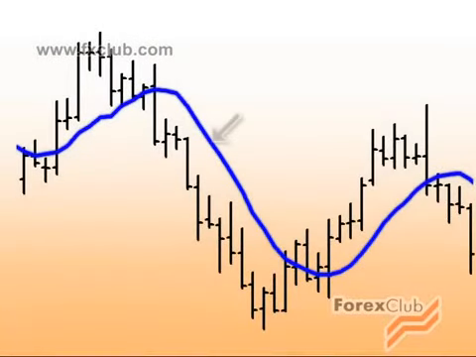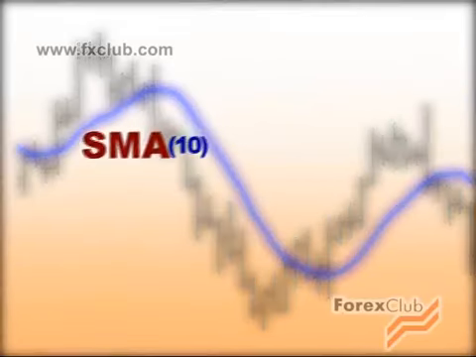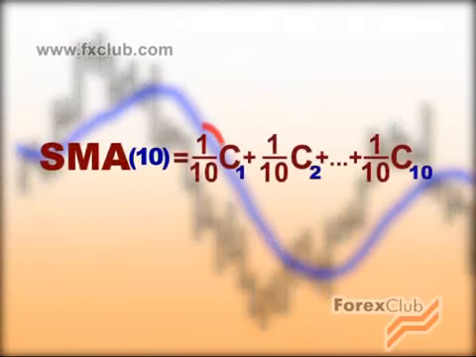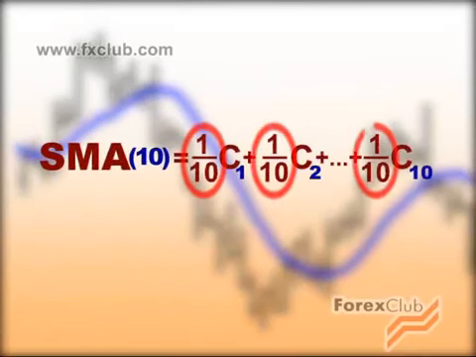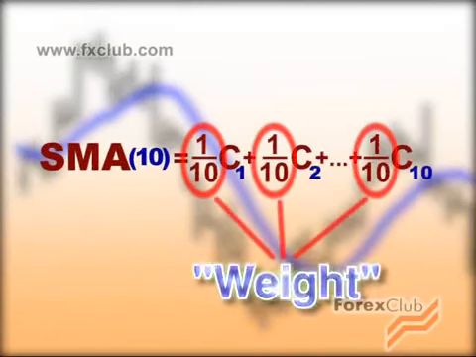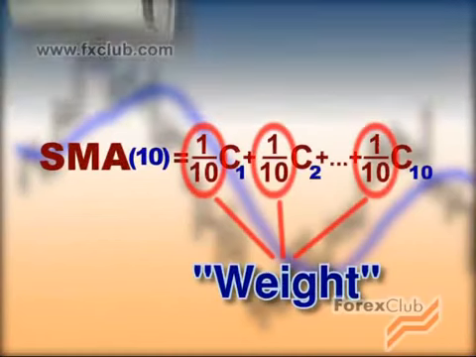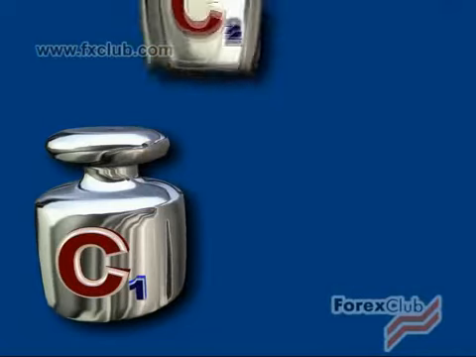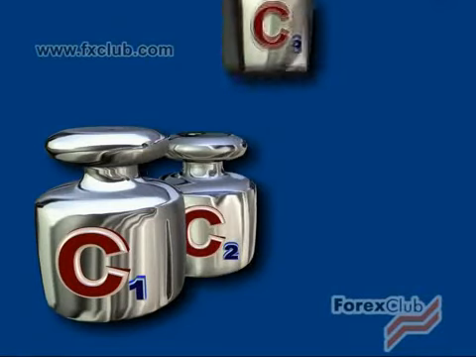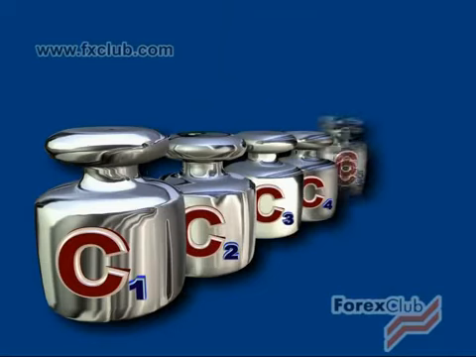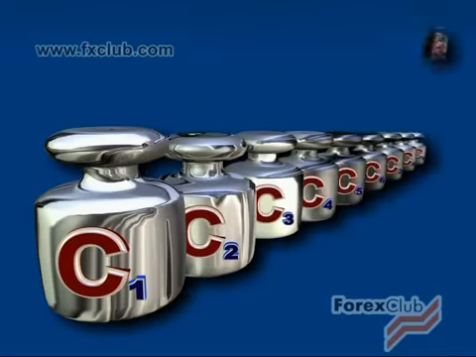And now let's go back to the formula of the 10-day simple moving average. There's a factor of 1/10 before each closing price, and it's called a weight. In a simple moving average, all the weights are the same, but we want today's price to have the most weight, yesterday's to be a little lighter, the day before yesterday's price to be lighter still, and so on.